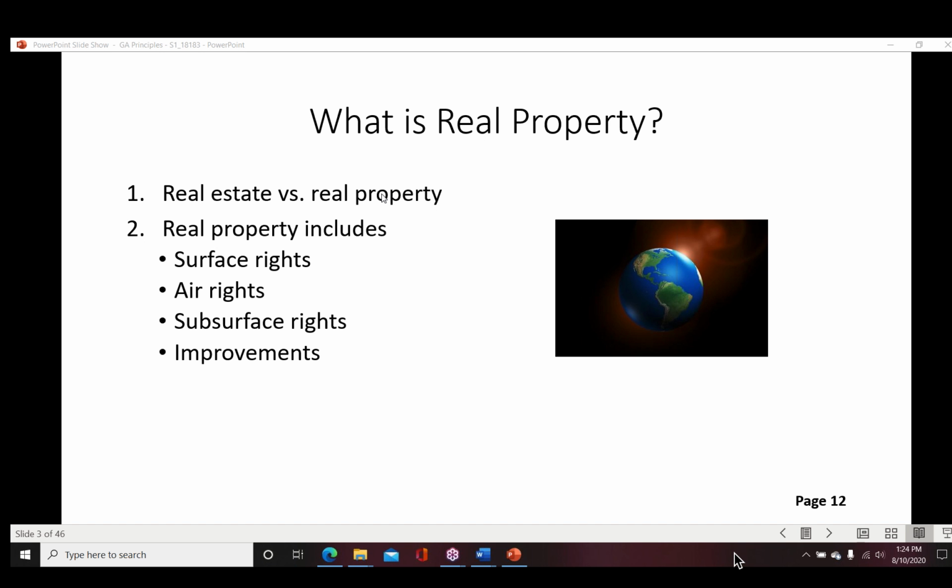Knowing the definition of land, the surface, what's above it, what's below it, might be on your test. The definition of appurtenances, right? Any improvement, right, or privilege permanently attached to the land, it's your birthday.